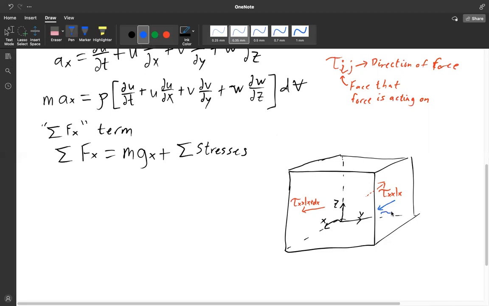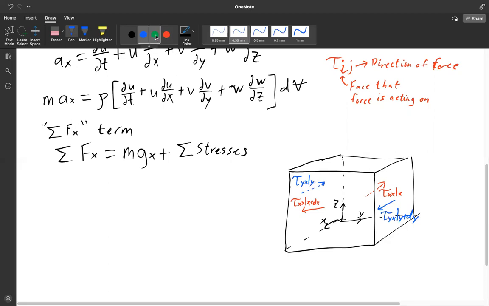This will be tau yx evaluated at y plus dy, whereas this will be going in the opposite direction, tau yx evaluated at y.